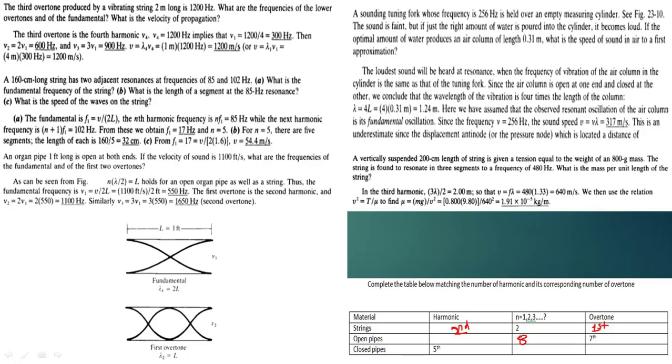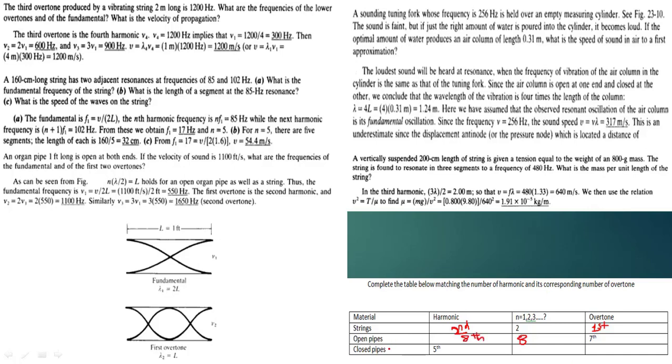The overtones start from n is equal to 2. So counting n is equal to 2, n is equal to 3, up to n is equal to 8, you get the 7th overtone, while the harmonic is 8.